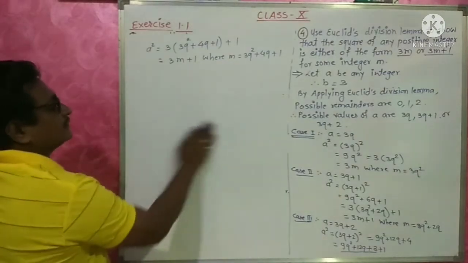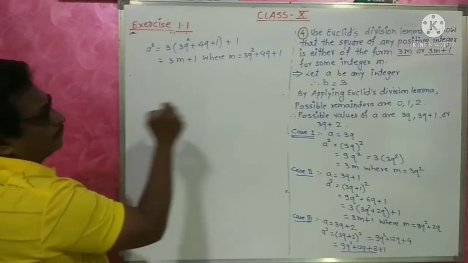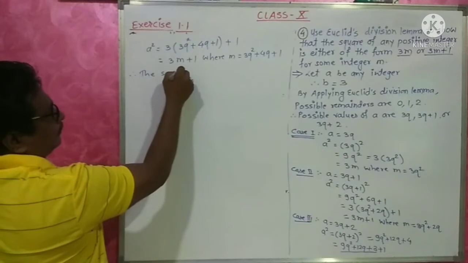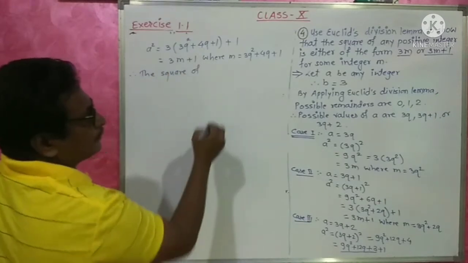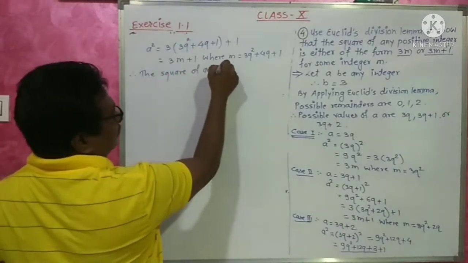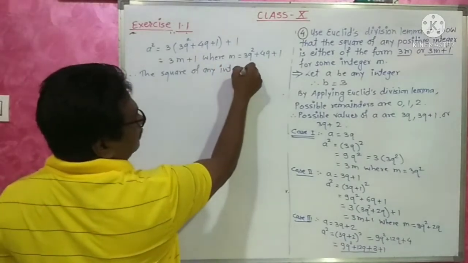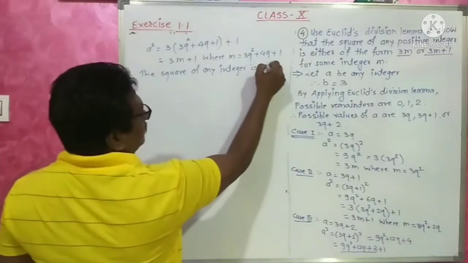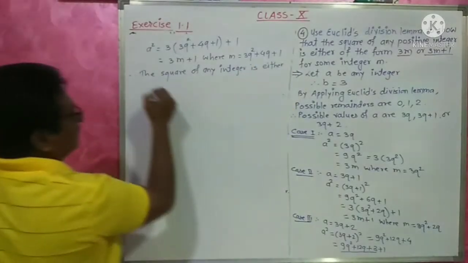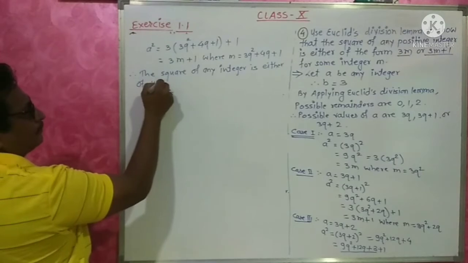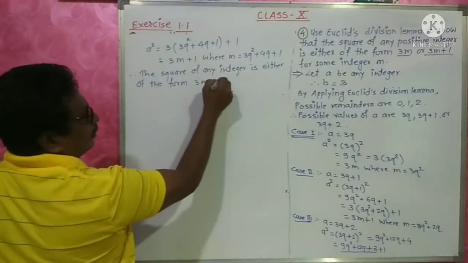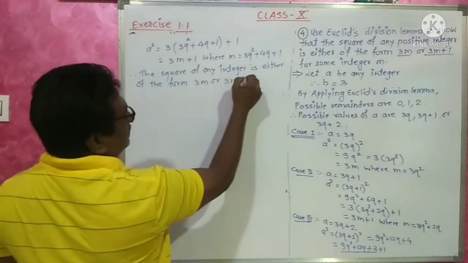So at last, therefore, the square of any integer is either of the form 3m or 3m plus 1.